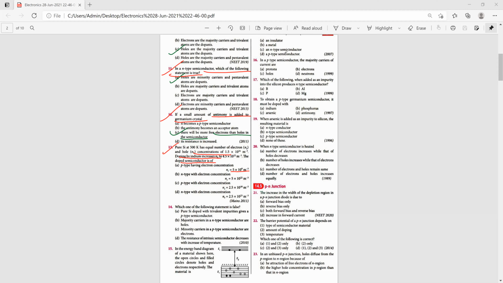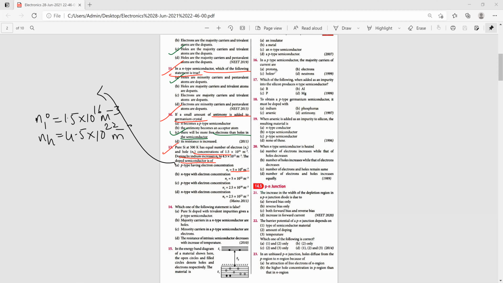So here p-type semiconductor is obtained when silicon and germanium is doped with the trivalent impurity. So for 13th one, Ni is equal to 1.5 × 10^16 per meter cube, and number of holes NH is 4.5 × 10^22 per meter cube.